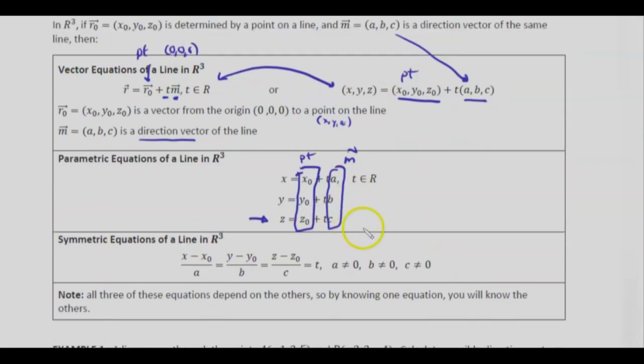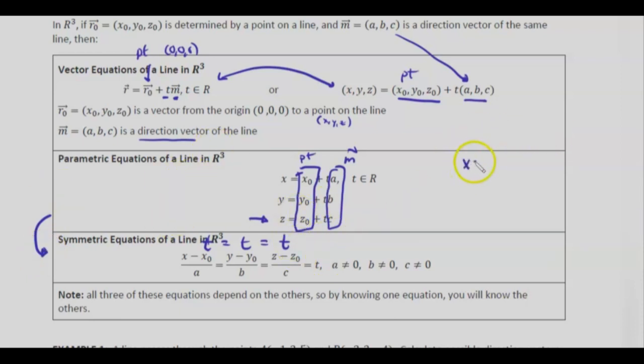Okay, so again, it just extends to the z. And now, symmetric equations of a line. This is a little bit different. Symmetric equations of a line are essentially the form t equals t equals t. I'm going to show you this with the parametric equations, because we go from parametric equations to symmetric equations, and this idea is new.